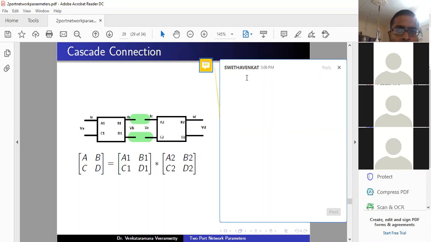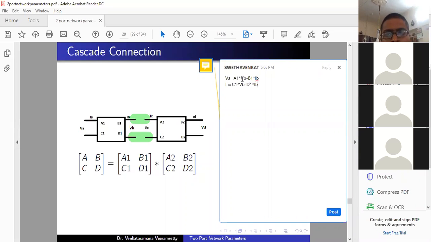So VA equal to A1 multiplied by VB, minus B1 multiplied by IB. Good. Similarly, IA equal to C1 multiplied by VB minus D1 multiplied by IB.